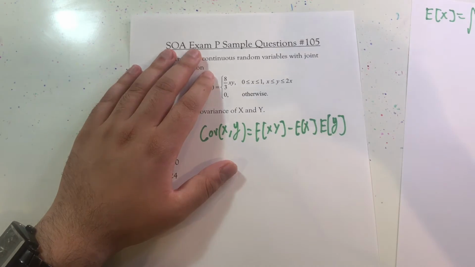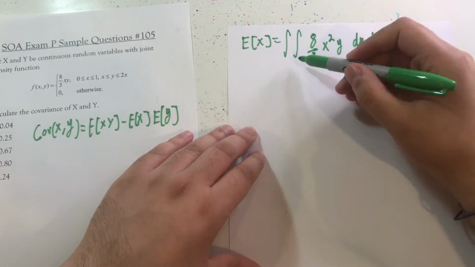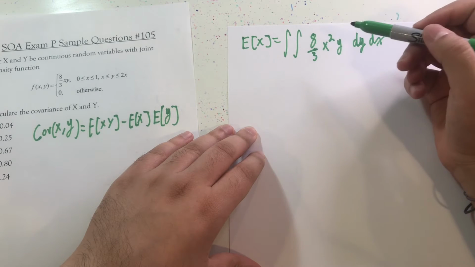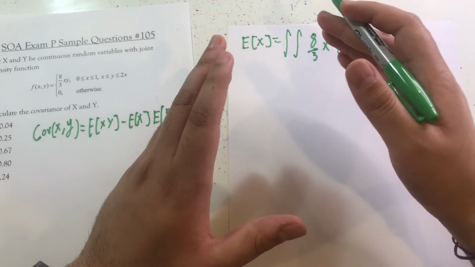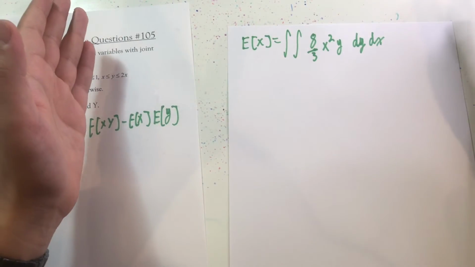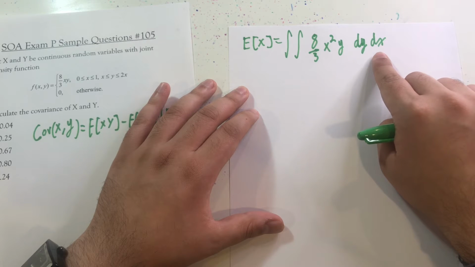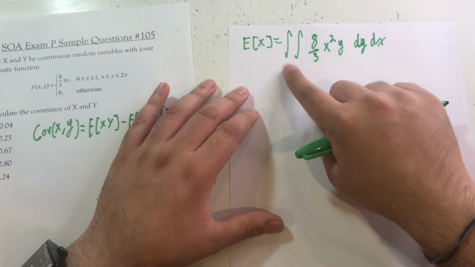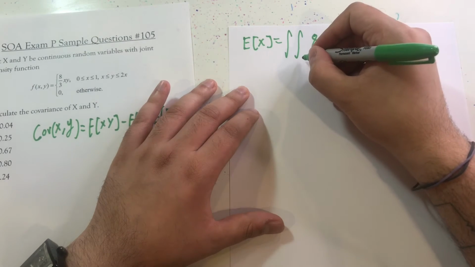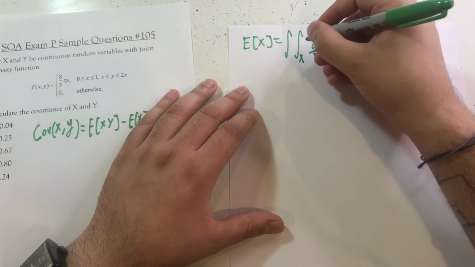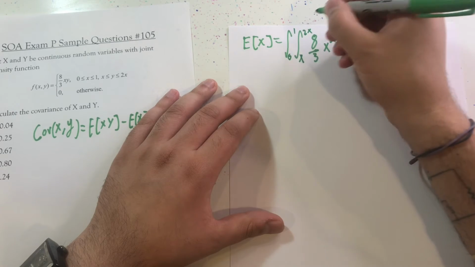Now, when you're integrating, it's important to know that these limits of integration are allowed to contain the variable that is on the outer parts of the integration. Like this inner integral right now is allowed to contain x. This outer one is not allowed to contain y, which is why I need to write this in a specific way, because the limits of integration here are x to 2x, and the limits here are 0 to 1.